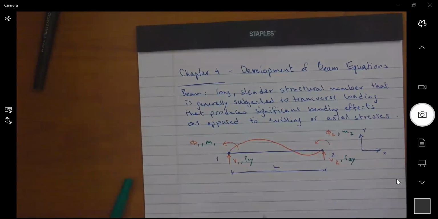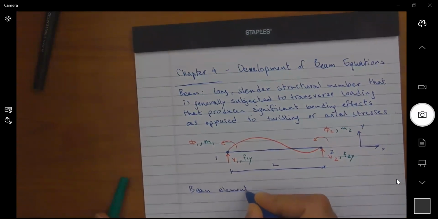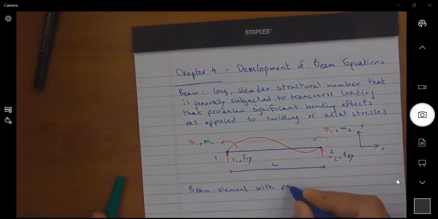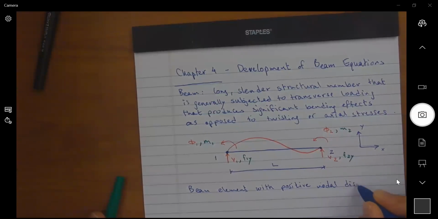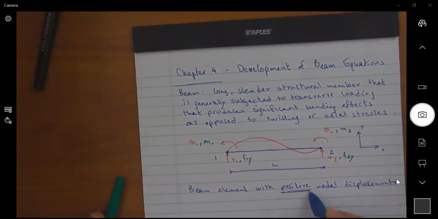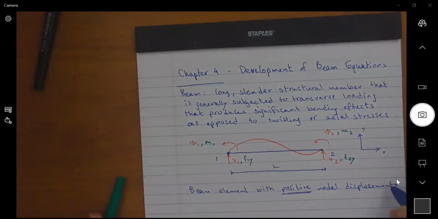So what I am showing here is a beam element with positive nodal displacements. Right? So this is really the objective here of establishing these positive nodal displacements. And when I say displacement, typically I mean translational and rotational degrees of freedom.